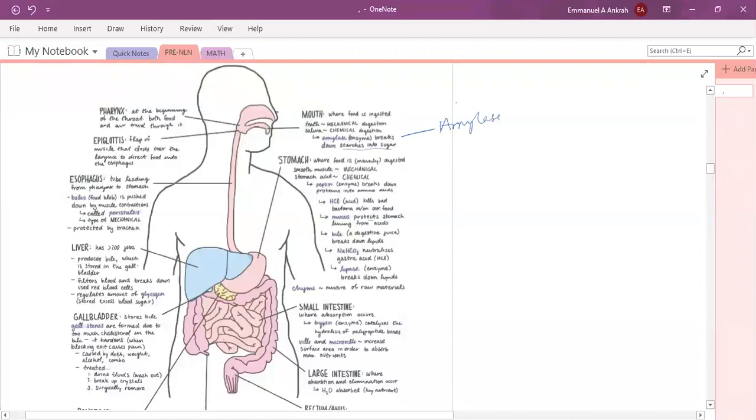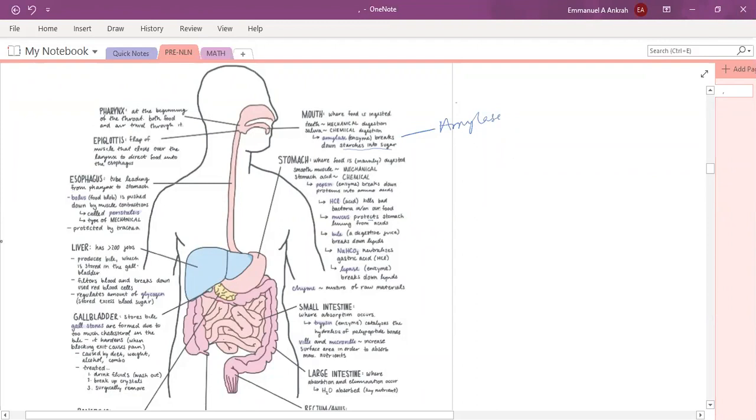Then the food is swallowed. It goes down the esophagus. In the esophagus, the key word I want you to remember is peristalsis. The food that is formed in the mouth is called a bolus.